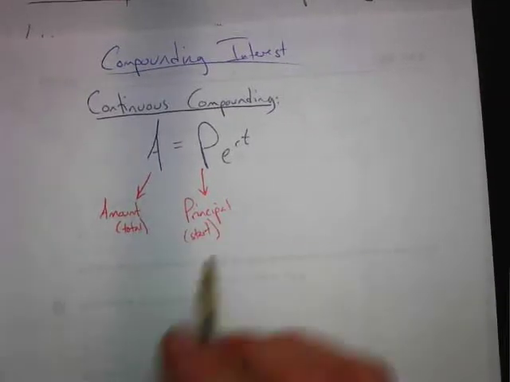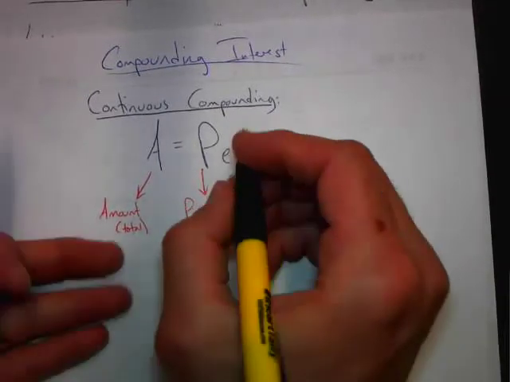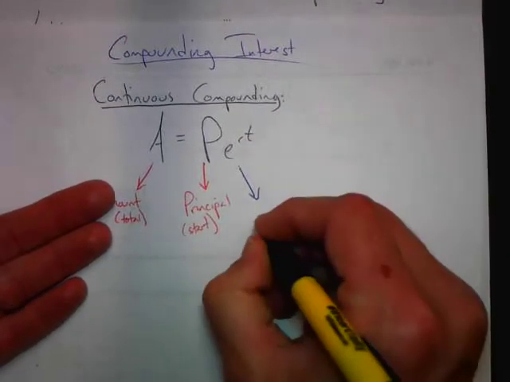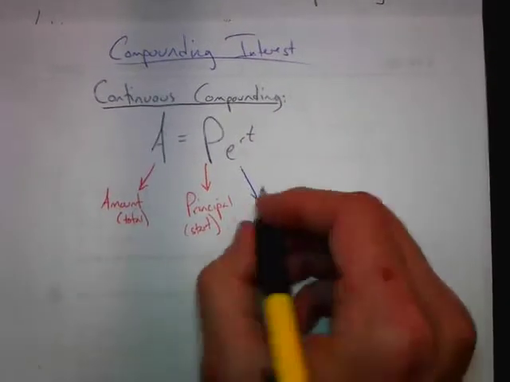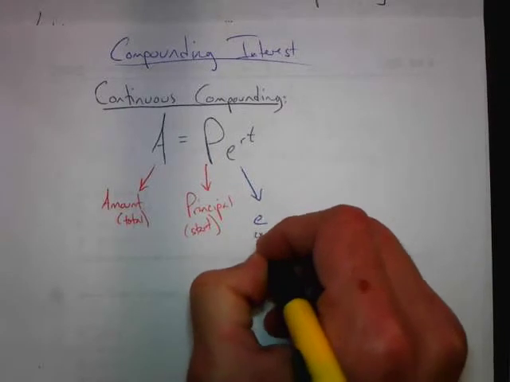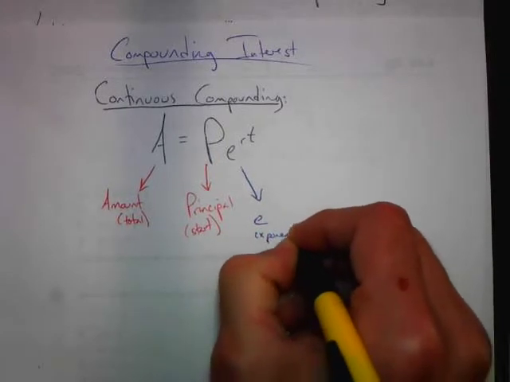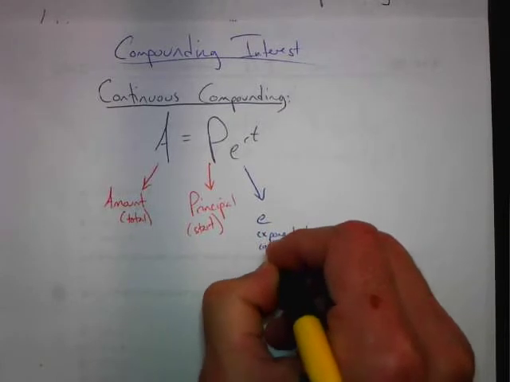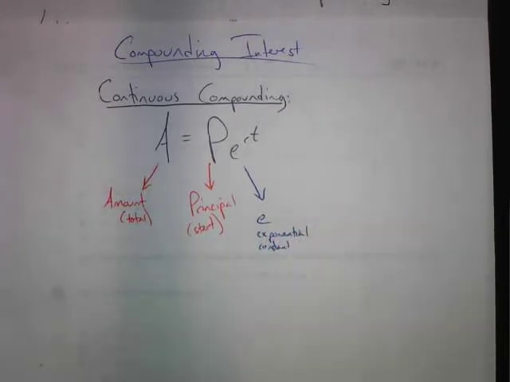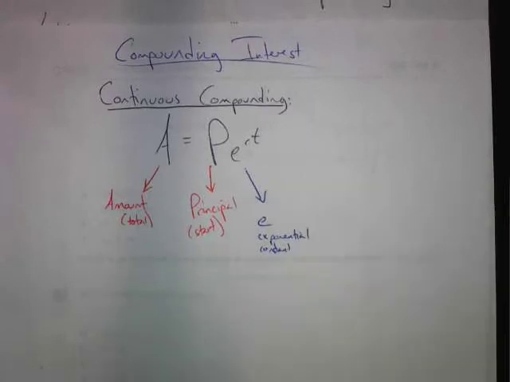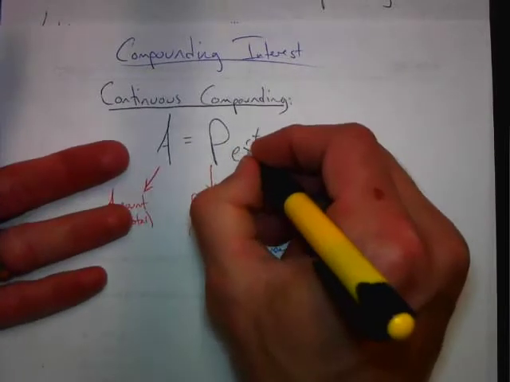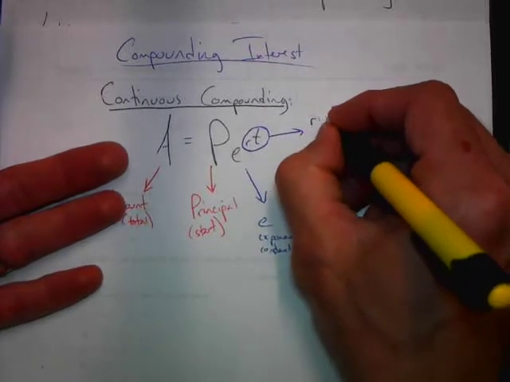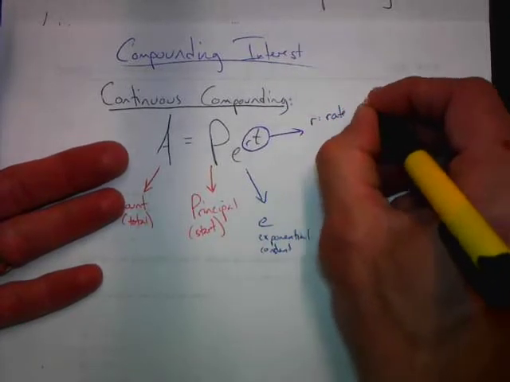Our e is our good friend e, the e that we met in the previous lesson, that irrational exponential constant that exists in nature. And then e is being raised to the power of rt, where r stands for the rate of interest.